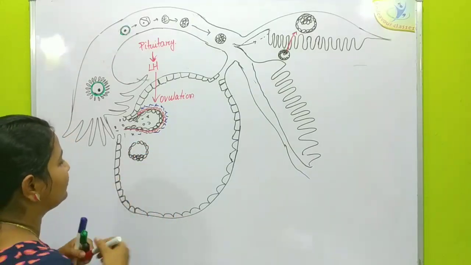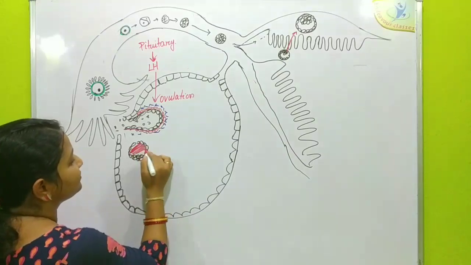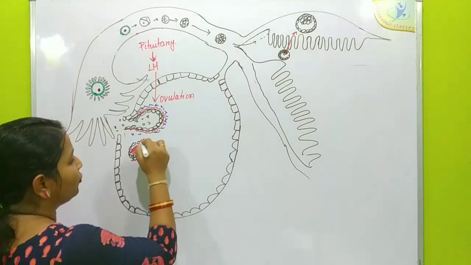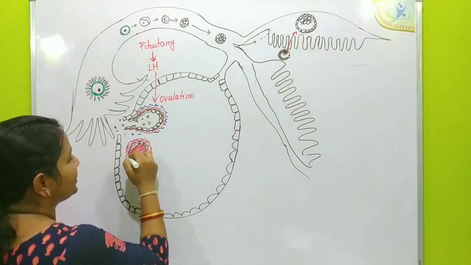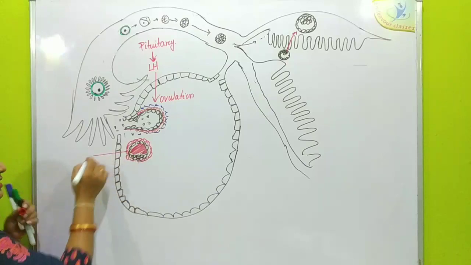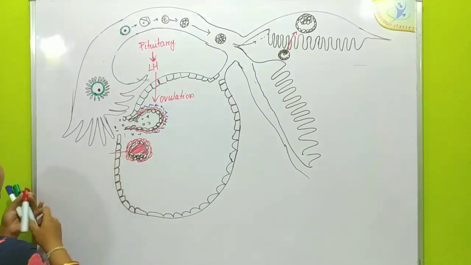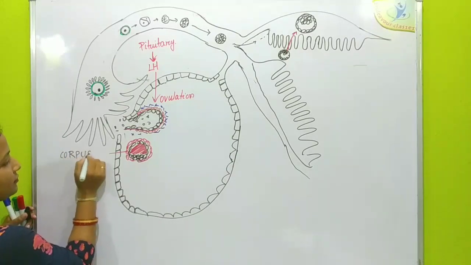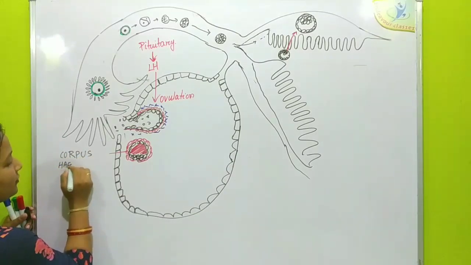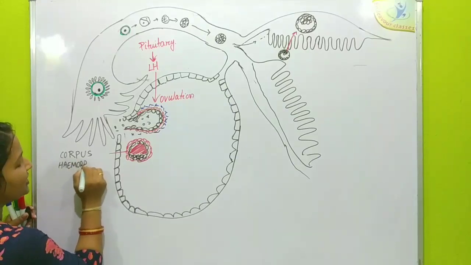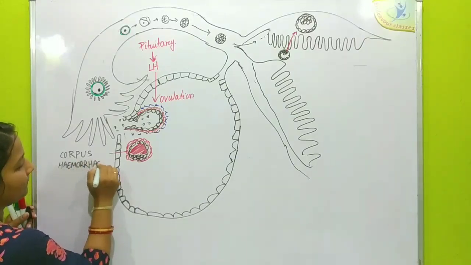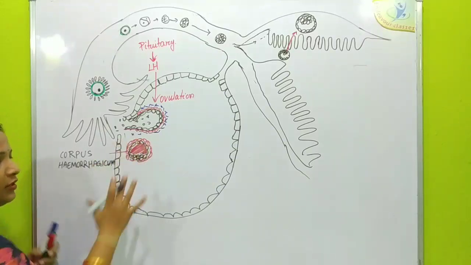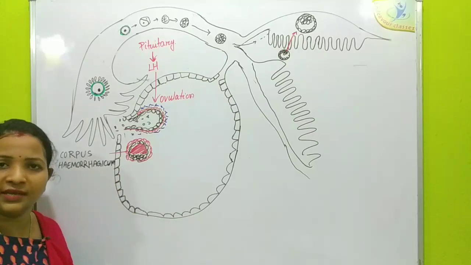The mass is now filled with blood, and this mass is called corpus hemorrhagicum. Hemorrhage means bleeding. As there is bleeding into this body of the follicle, that is why it is called corpus hemorrhagicum.